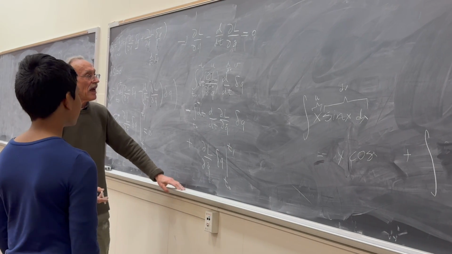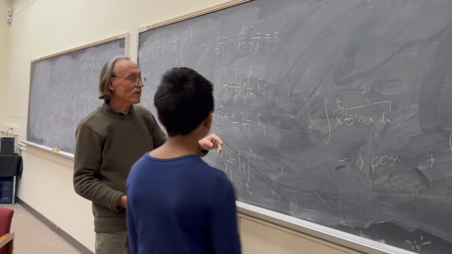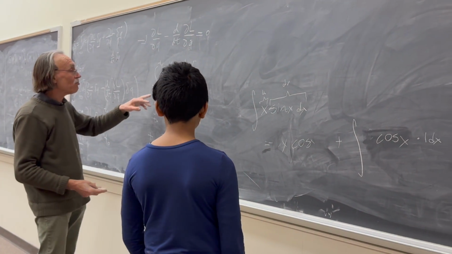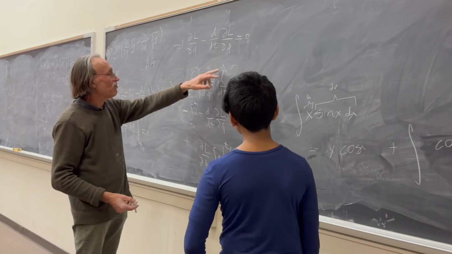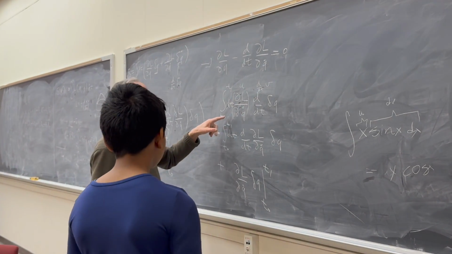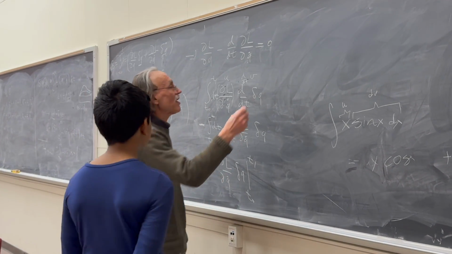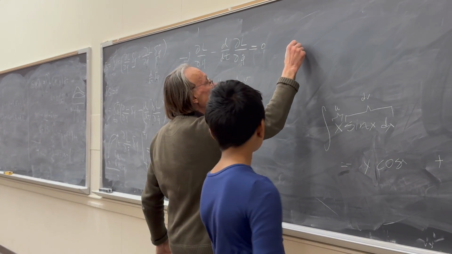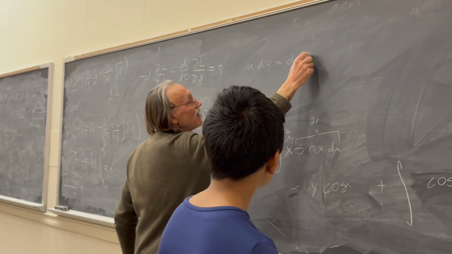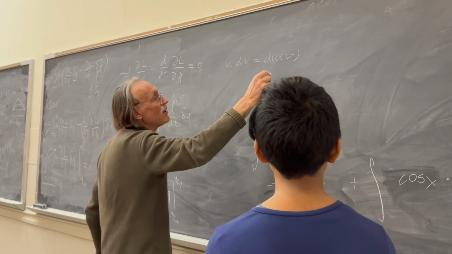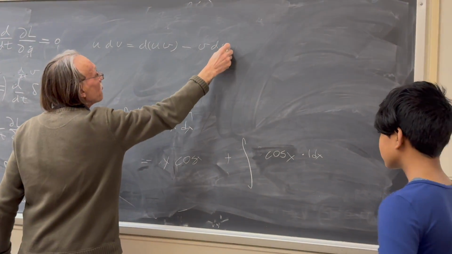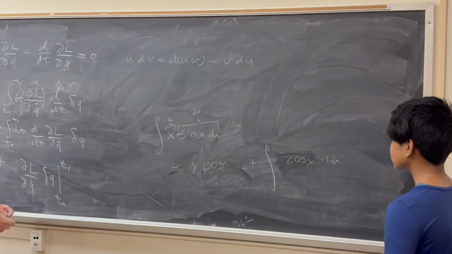I see. And then the first term you got was the boundary term. That is when you integrate u times v, and maybe you do it in a different way. So if you have u dv, you can write that as d(uv) minus v du, using the product rule.